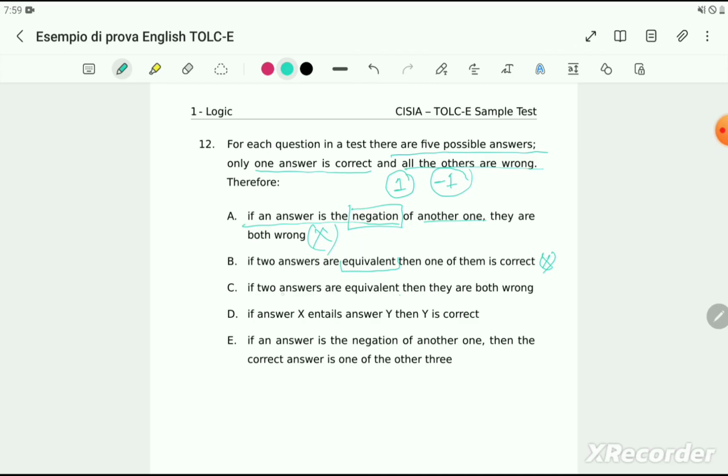Can we say that? We also cannot say that both are wrong, because we have to find out a single answer, and equivalent doesn't mean that both are wrong.